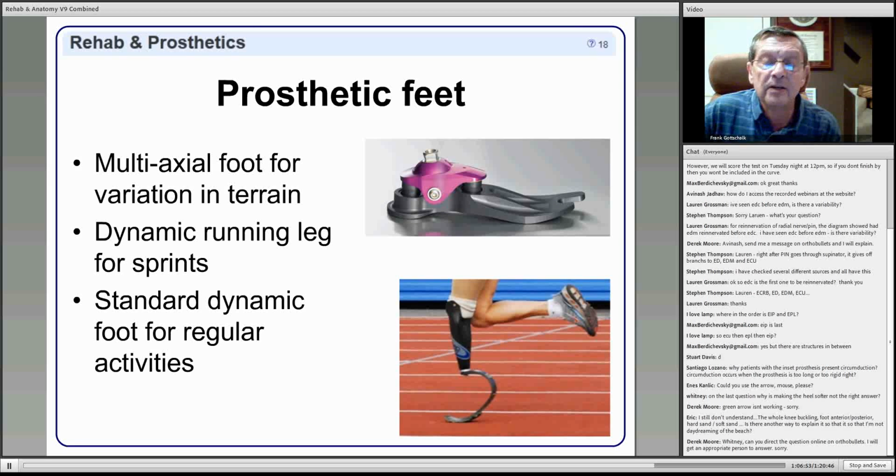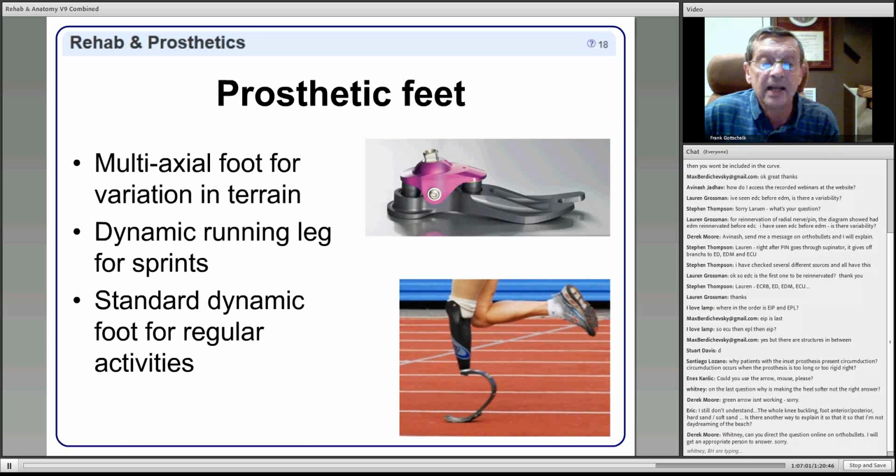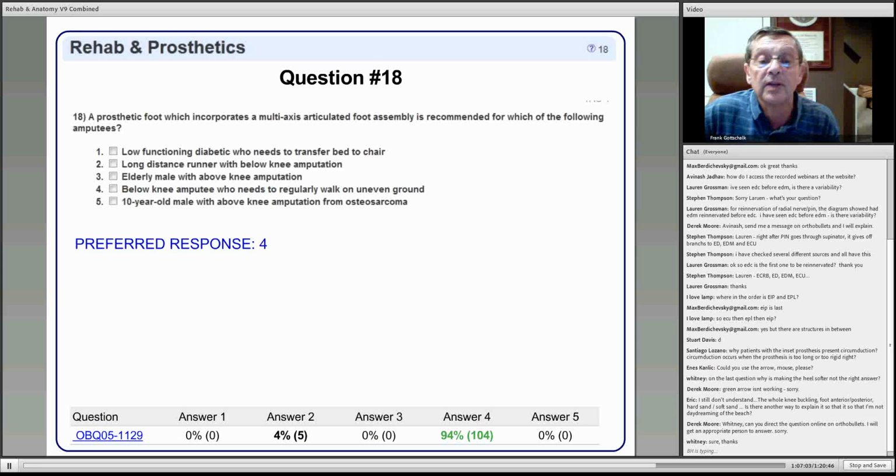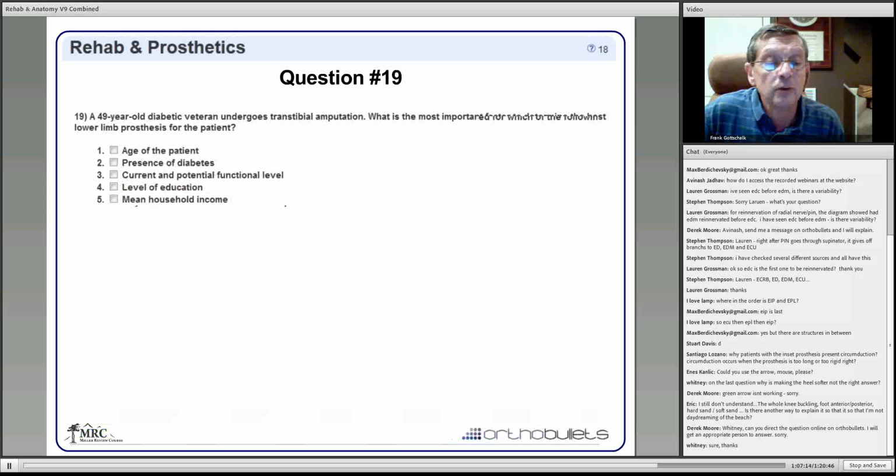Now, individuals who use both these types of feet for variation in gait, in terrain, or for running, would use a standard dynamic foot for most of their regular activities. So the correct response for this answer, which most of you got right, was number 4, for the individual who wants to walk on uneven ground.